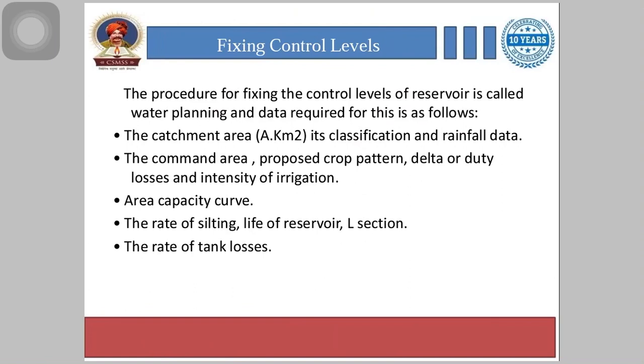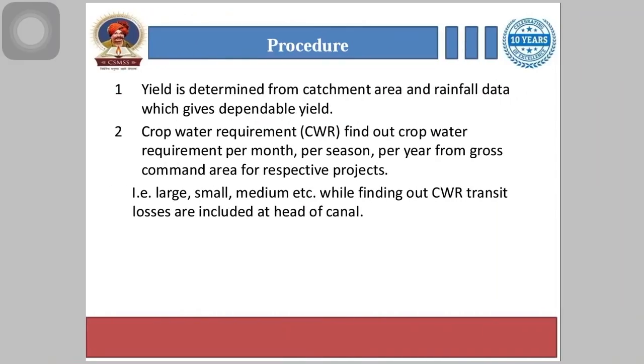Next, the area capacity curve. We are going to see the area capacity curve in more detail in the next lecture. It is also required, along with the rate of silting, life of reservoir, L section, and the rate of tank losses. Now let us see the procedure.